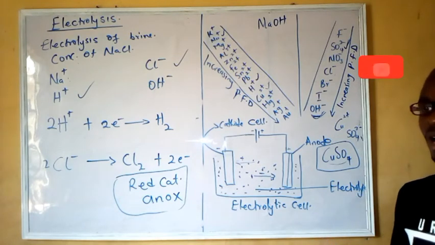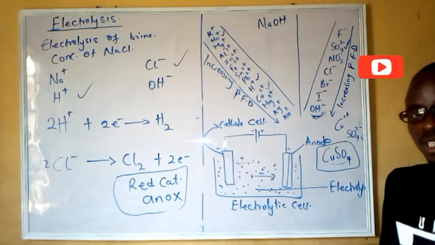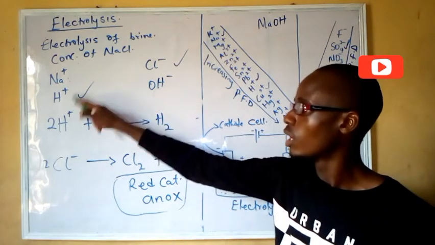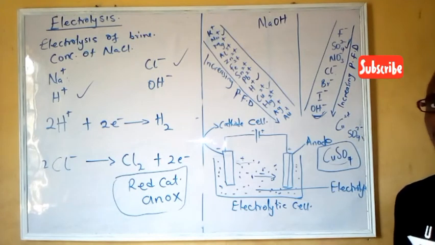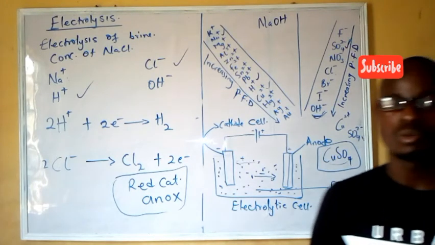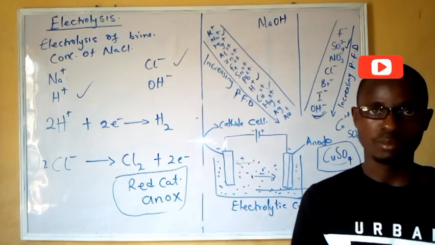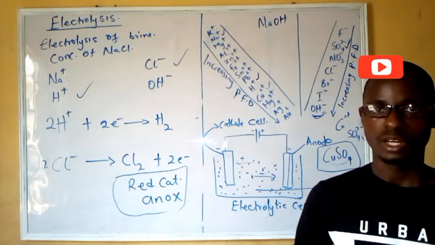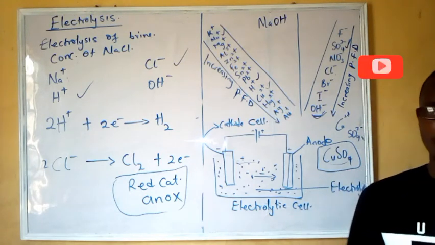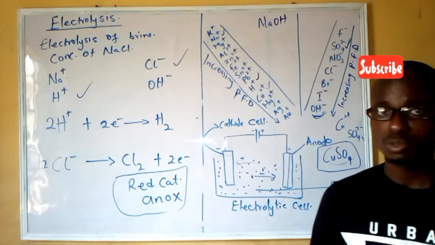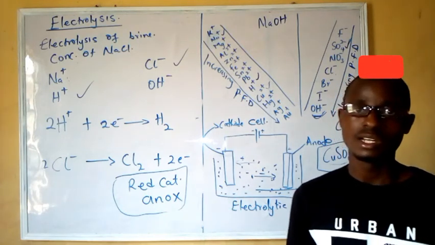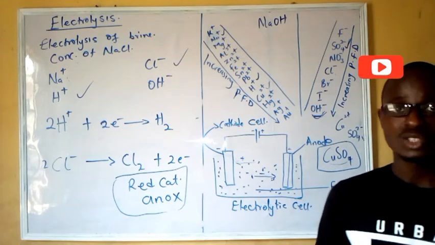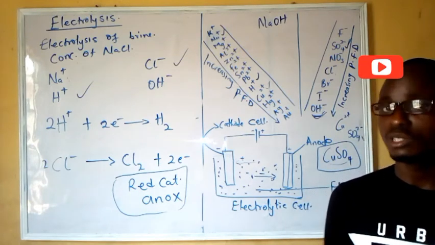So how does it have effect on the quantity of hydrogen or whatever that might be discharged during electrolysis? When you pass current for a short period of time, does it mean that the whole ions have been discharged? So what is the relationship between the amount of current you pass, the time, and the mass of the elements that will be discharged during the electrolysis?